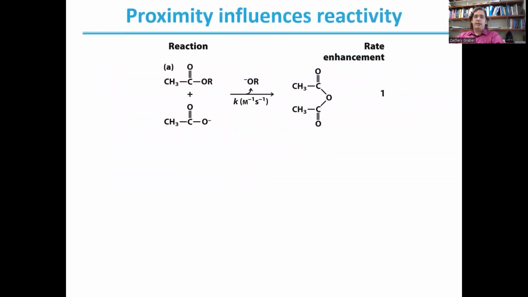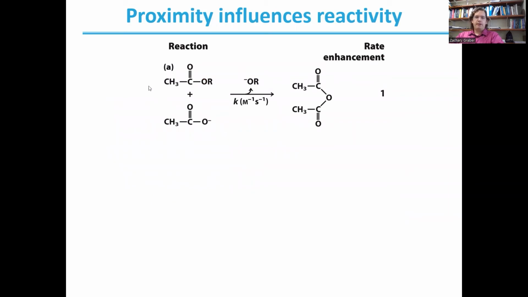Just to illustrate the importance of proximity and orientation for reactions, I want to show you some of the different reaction rates comparing molecules that are free versus molecules that are placed in closer proximity or in a better orientation.